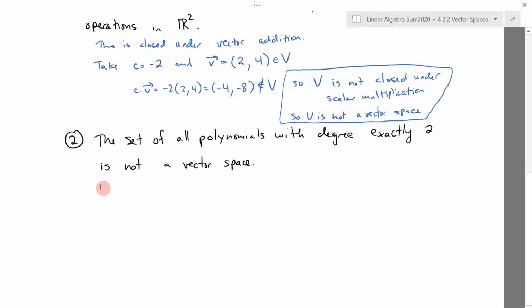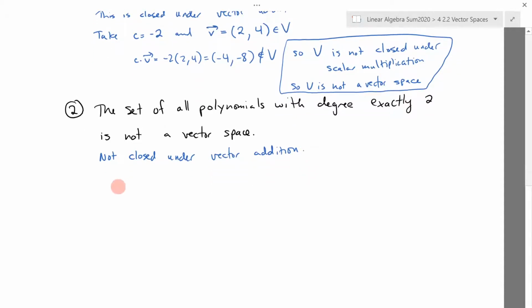So here it's not closed under vector addition. So say we just come up with an example that cancels out the x squared term. So say p of x is x squared plus 2x minus 1.